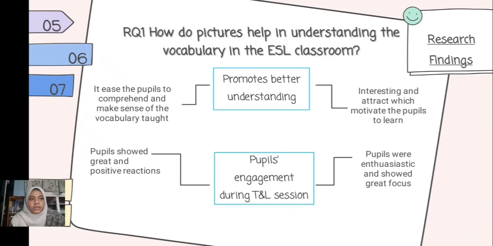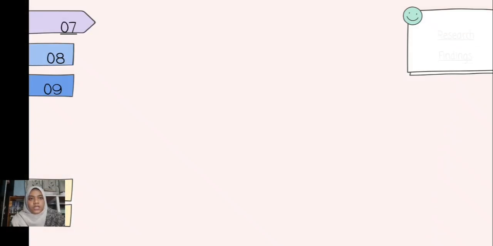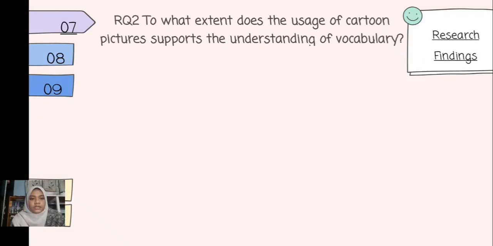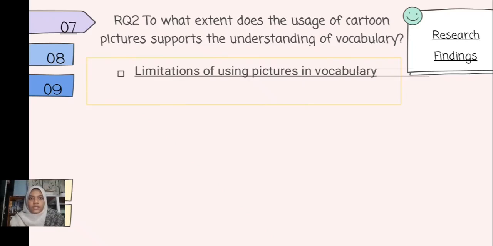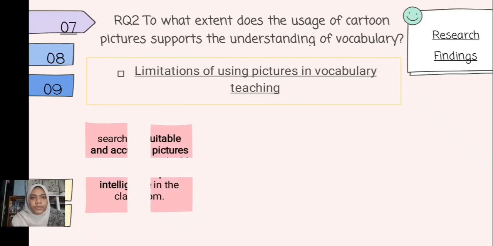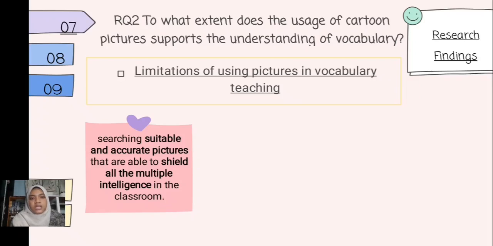Okay, meanwhile, for question 2, which is to what extent does the usage of pictures support the understanding of vocabulary? Okay, from the researcher, it does have limitations when using pictures in vocabulary teaching because of the difficulty in searching for suitable and accurate pictures that are able to cater to all the multiple intelligences in the classroom.